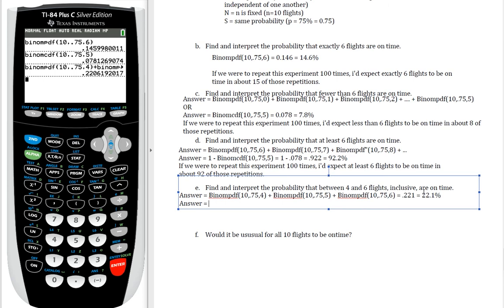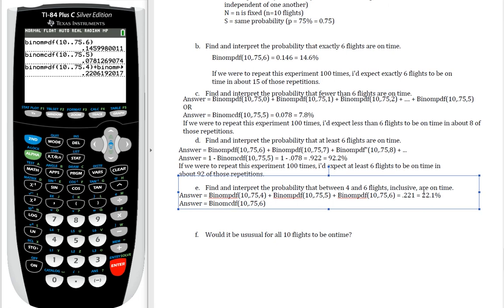This can also be done using Binomcdf. This one's a little bit trickier though. If you notice, I want some things that are less than or equal to 6. So what I could start off with is Binomcdf of 10, 0.75 and 6. This would calculate the probability of every value up to and including 6 and put them all together. But I only want a couple of those. I only want 4, 5, and 6, which means I don't want 0, 1, 2, and 3.